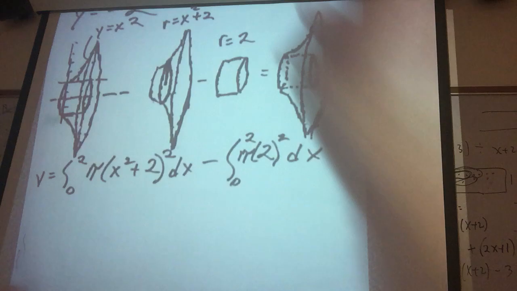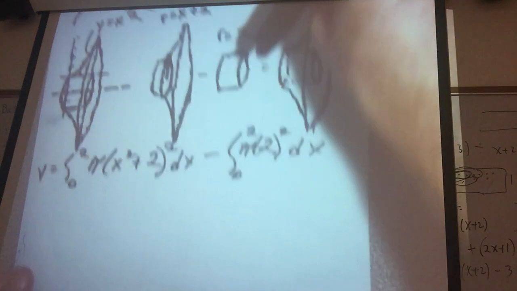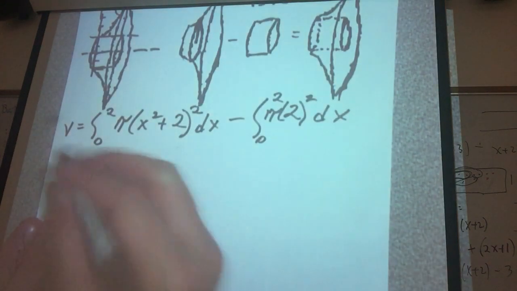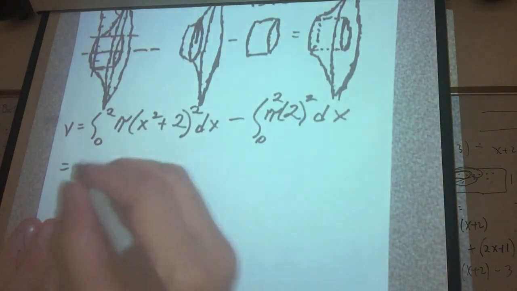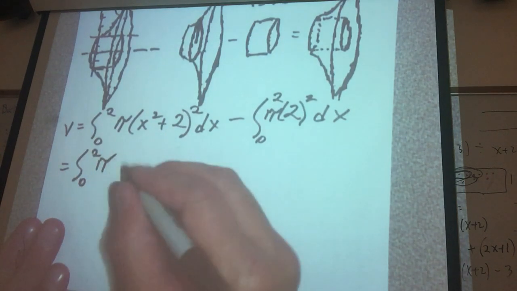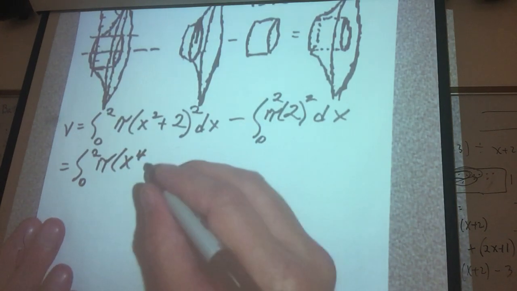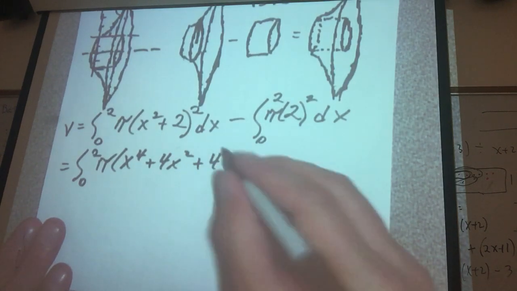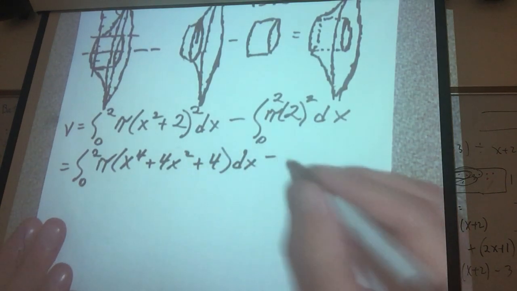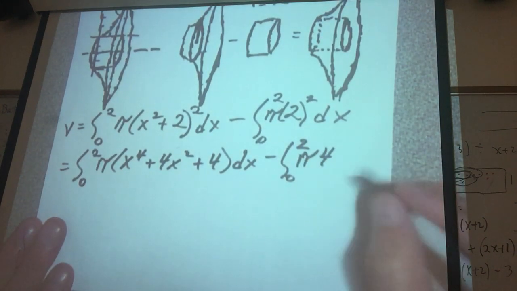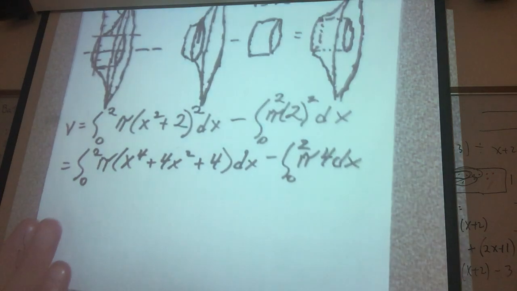All right. So this is going to become the integral from 0 to 2 of pi, let's write it like this, (x to the 4th plus 4x squared plus 4) dx, minus the integral from 0 to 2 of pi times 4 dx.